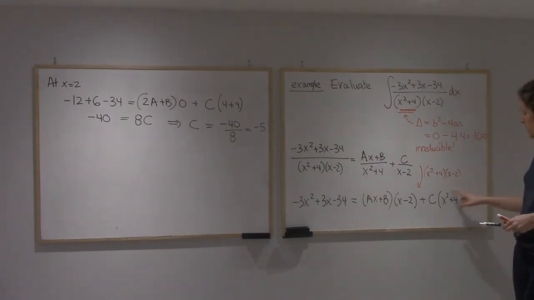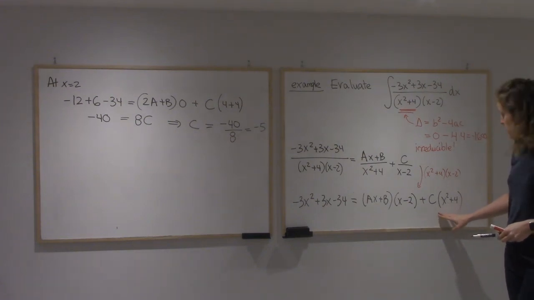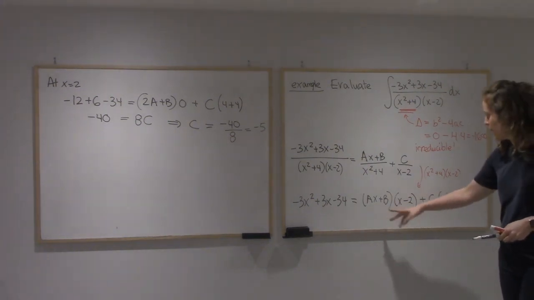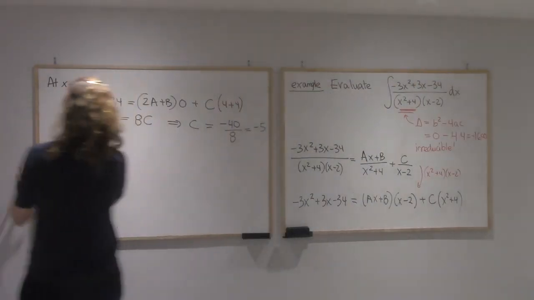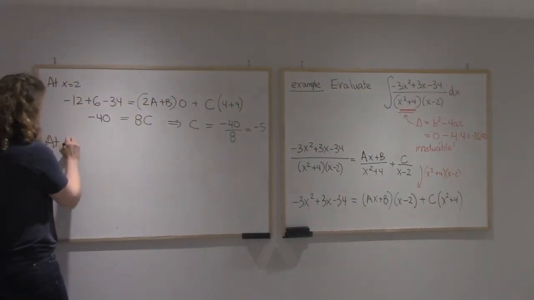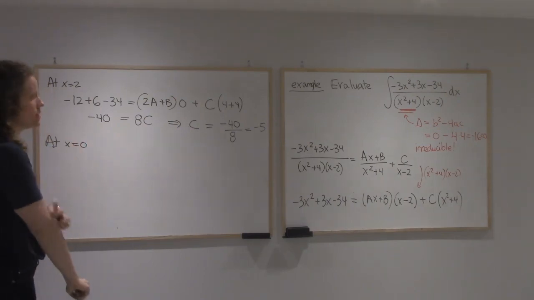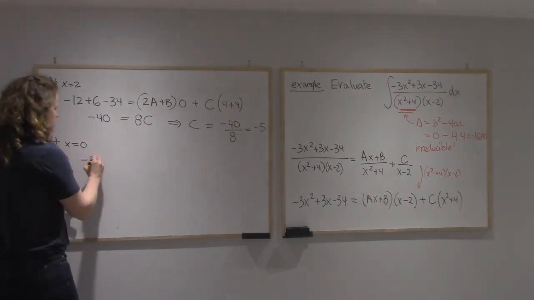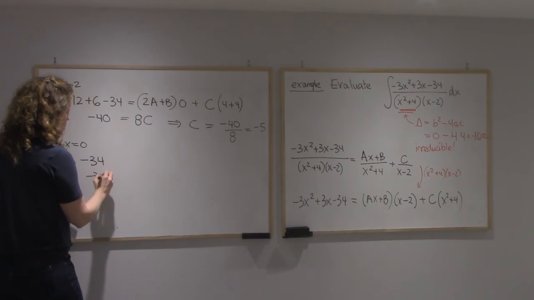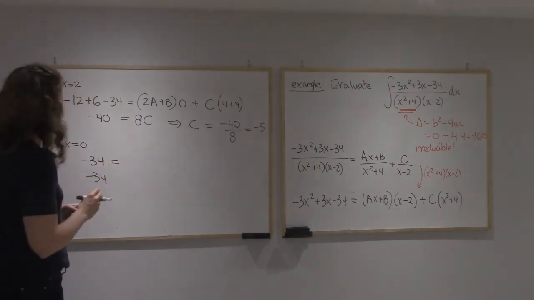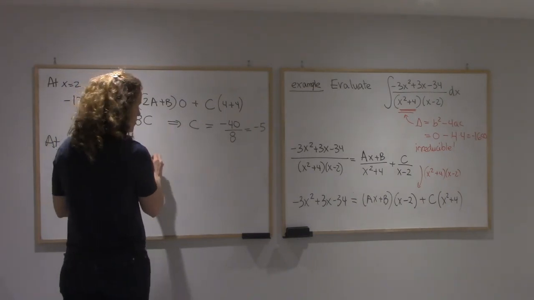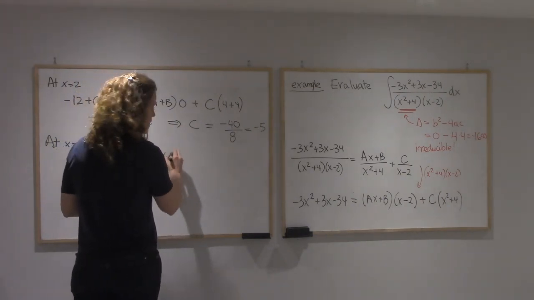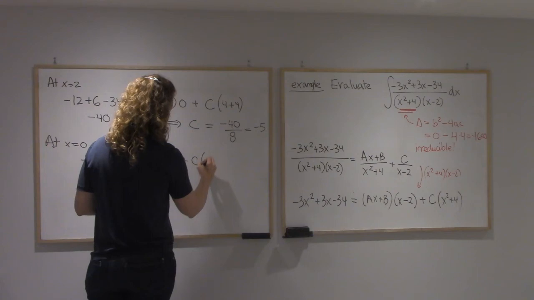Nothing will make this 0. No values of x will make this 0. So the best I can do is plug in x equals 0. Let's see what I get. On the right hand side, I get minus 34. And at x equals 0, I'll get 0a plus b times minus 2 plus c times 4.